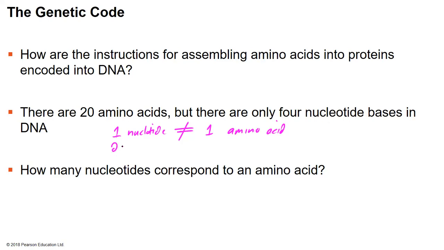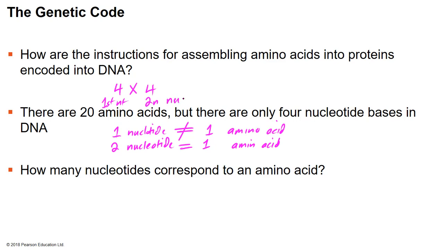But if we have 2 nucleotides for every amino acid, so 2 nucleotides, which means we have 4 different options for the first nucleotide multiplied by 4 different options for the second nucleotide.